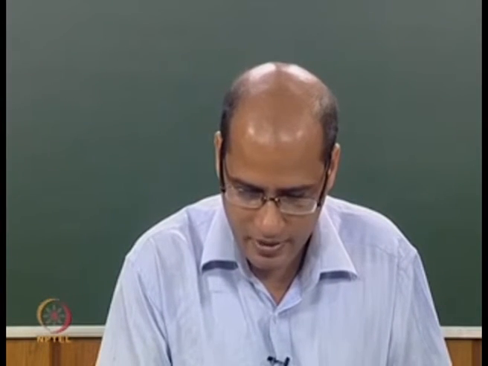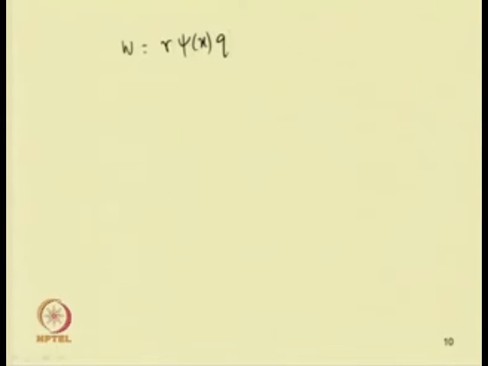So, one can write this w equal to r psi x into q t, where r is the scaling factor, psi is the shape function and q t is the time modulation.